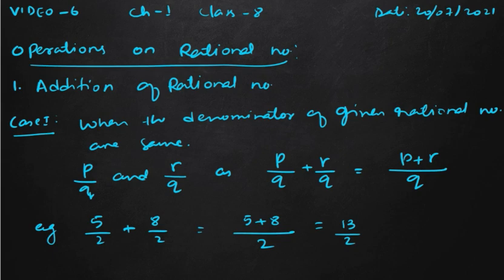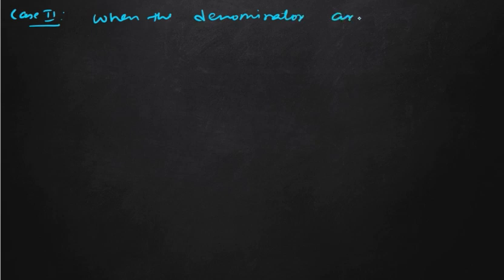Similarly, our case 2 will be when the denominators are different. When the denominators are different, you have to find the LCM. After finding the LCM, you have to make the denominators same.